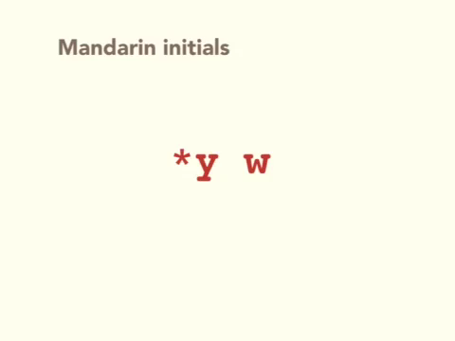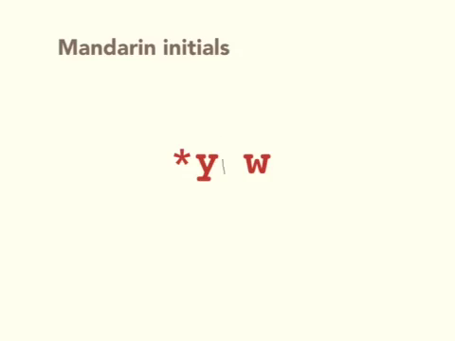Okay, and that brings us to yi, wu, which are really not initials themselves, but are just placeholder initials for the sounds I and U. Whenever you have those vowel sounds in the first spot in the word, we use the Y and the W instead of the vowels I and U. So if we were going to say yi, it's just Y-I.